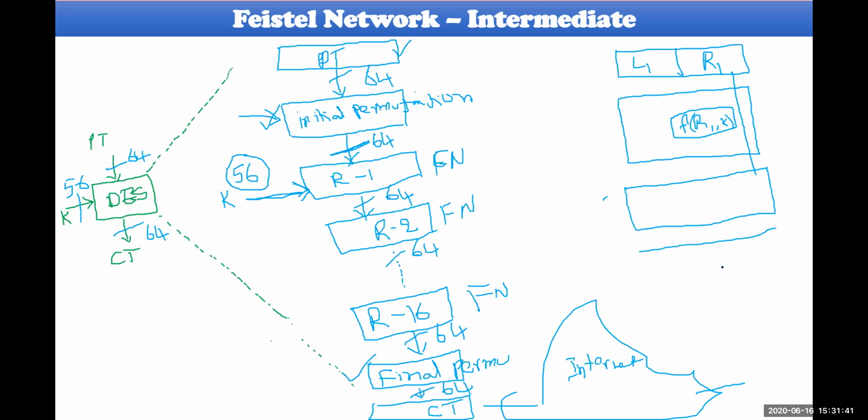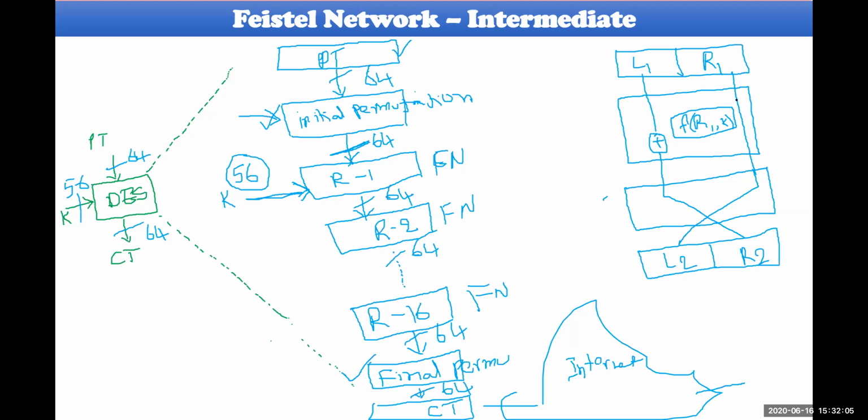This is the actual text which is being generated for the next round. So take this particular value and forward it here, and whatever we have taken here, you have operated exclusive OR, and the output will be forwarded to the next one. So this is L2, and here it is R2, right? So it would happen here.